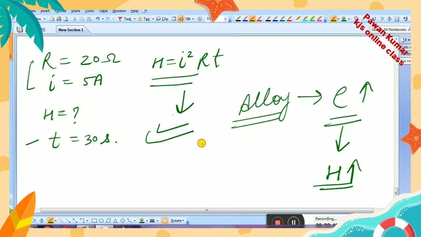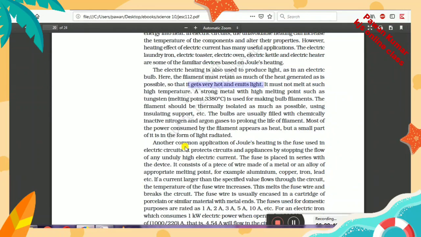Okay children, remember this filament of electric bulb is also an alloy. And which alloy? Tungsten. This alloy is tungsten. Remember this. Here you can see tungsten. You know why we are using tungsten here? Because we know that when electric bulb glows, it produces large heat along with light, and if it produces heat, it could melt, but the melting point of tungsten is very high.